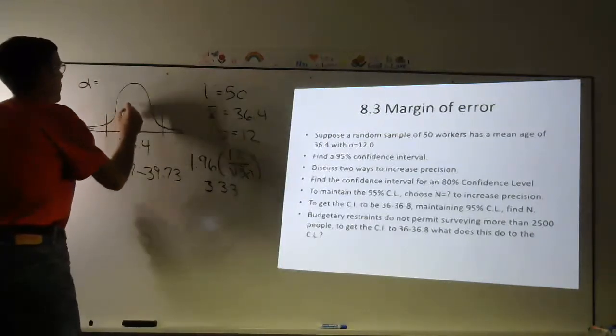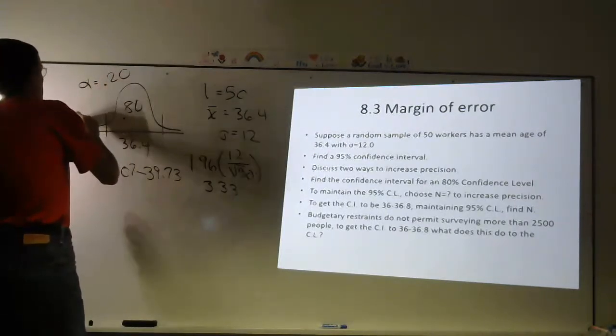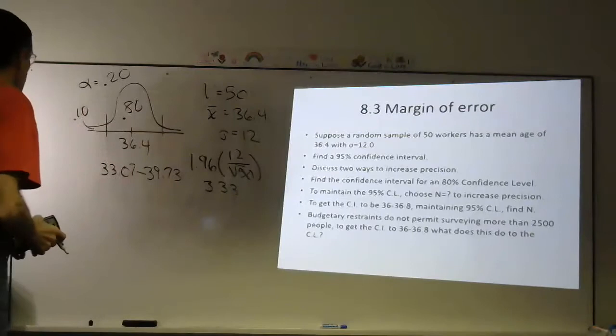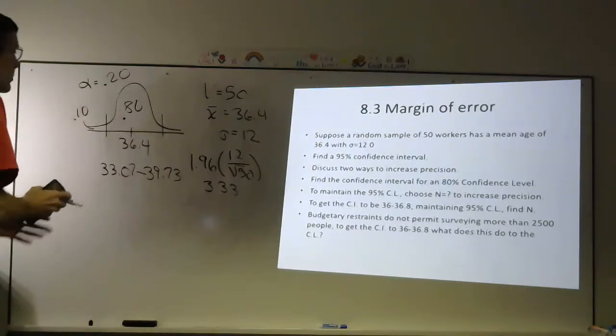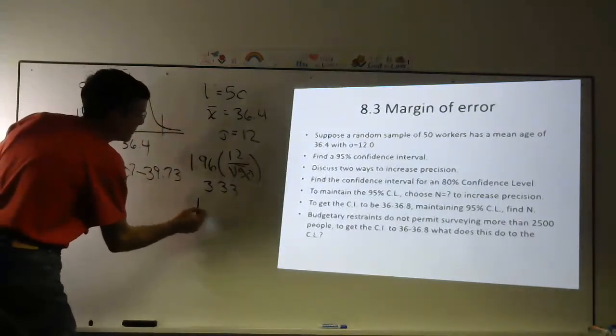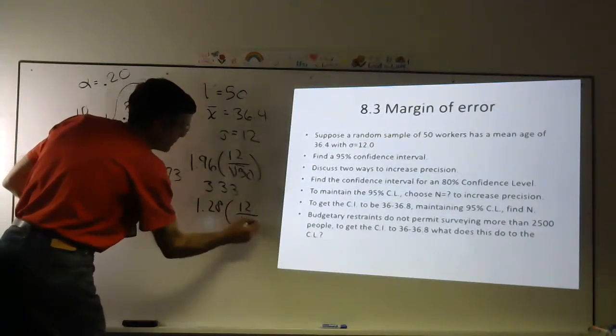This is now 0.80. Alpha is 0.20. This area at this side is going to be 0.10, the area we don't want. Let's do a reverse lookup on 0.10. 0.10 should be negative or positive 1.28. So I have 1.28 times 12 over root 50.